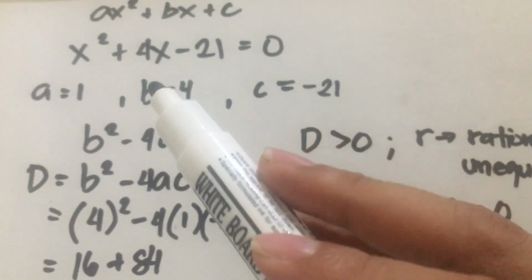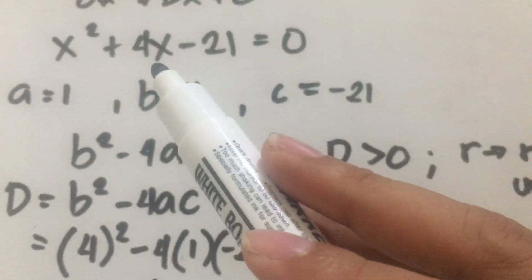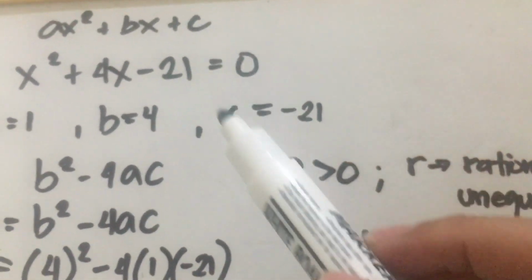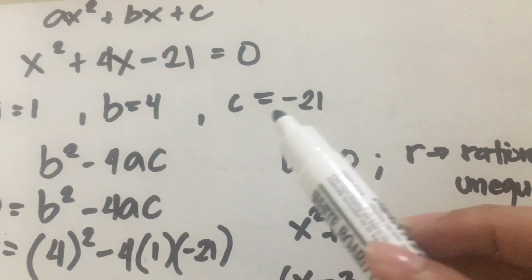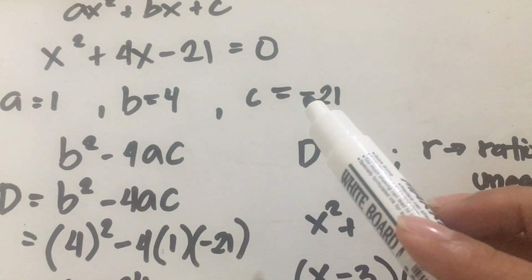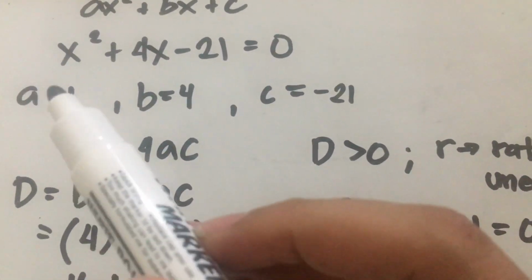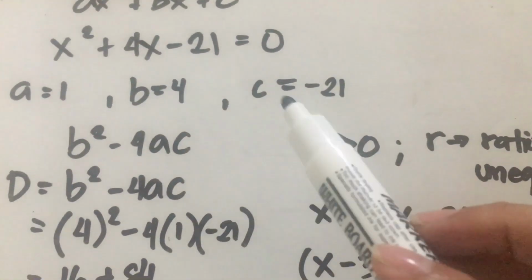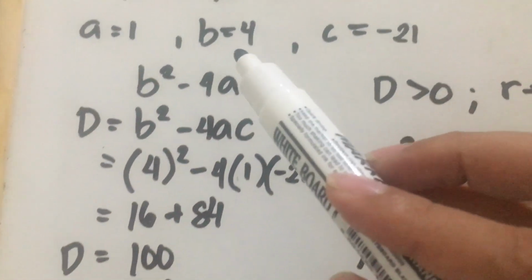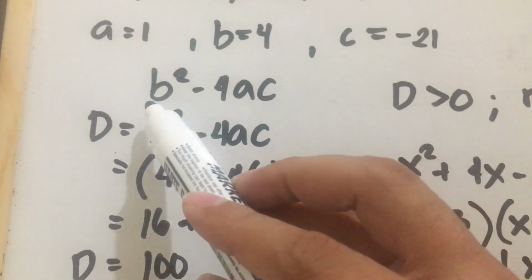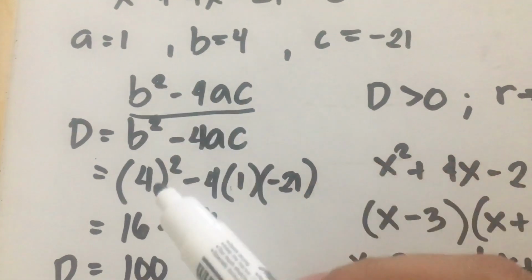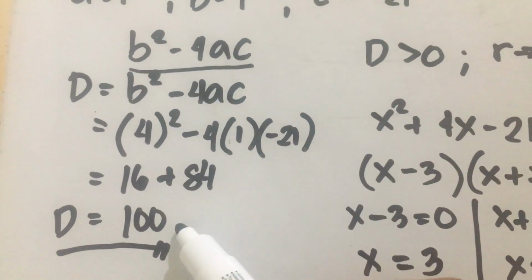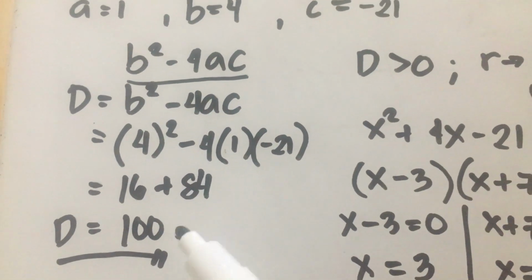So therefore, your B is equal to 4. While your C is a constant number and you have negative 21. And then, after you get the values of your A, B, and C, you can now find the discriminant. So this is the formula in finding the discriminant. Just substitute all the values and you get the discriminant is equal to 100.